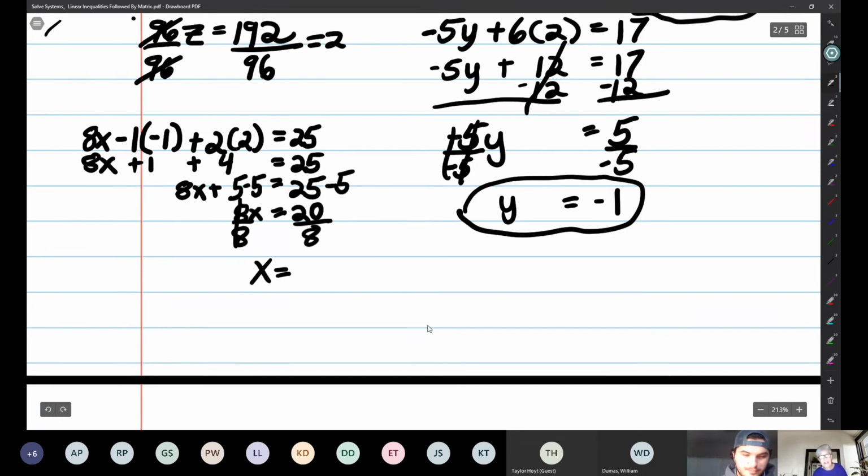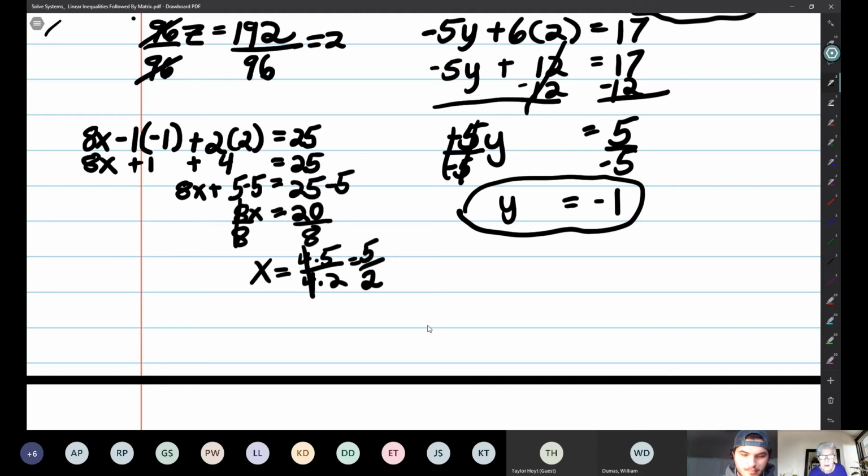X equals 20 over 8, but let's see. 20 is 4 times 5. And 8 is 4 times 2. So the 4's cancel, and this reduces to 5 over 2. Ta-da!